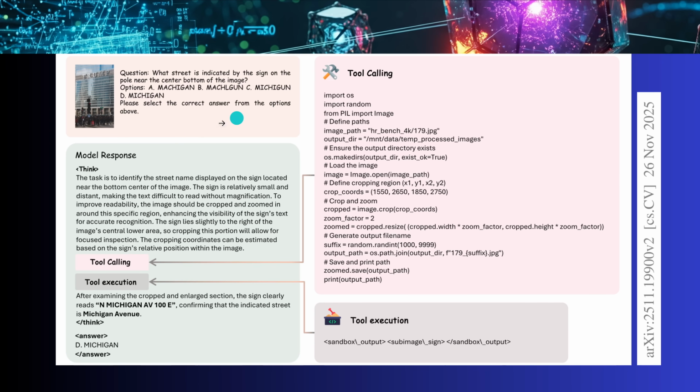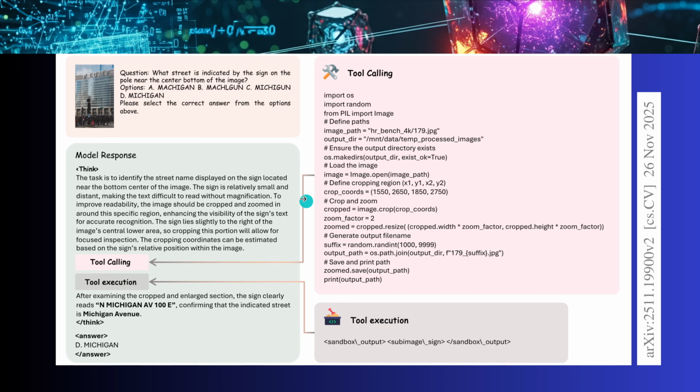So what happens? The model is now thinking. The task is to identify the street name displayed on the sign located near the bottom center of the image. So it says now, okay, identify the task. I know what I have to do. I have to do some cropping on the visual data. So it calls a particular tool, crop and zoom the image, with the crop coordinates, and the zoom factor is 2, whatever.